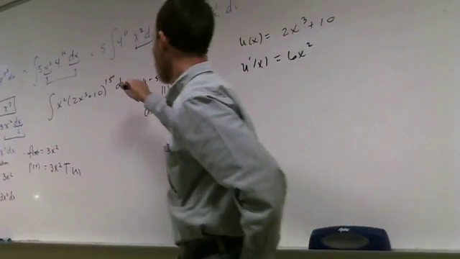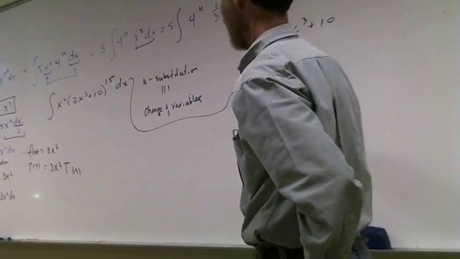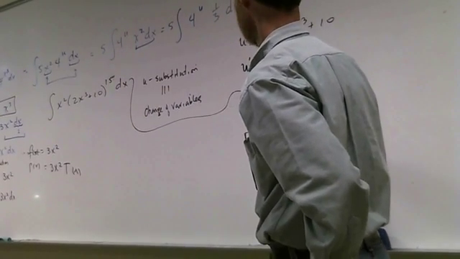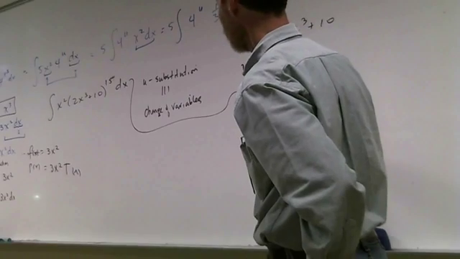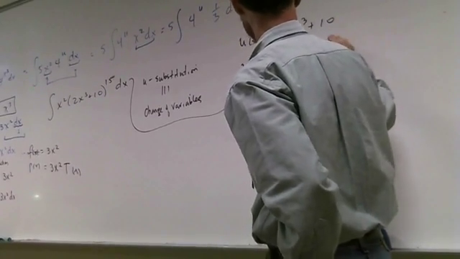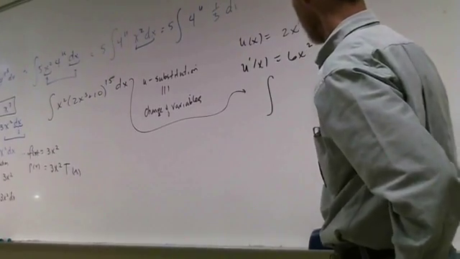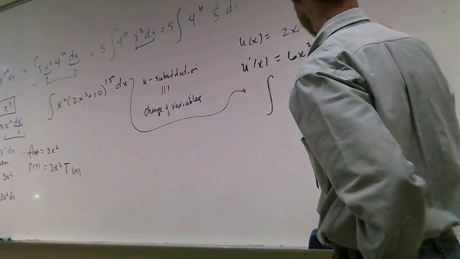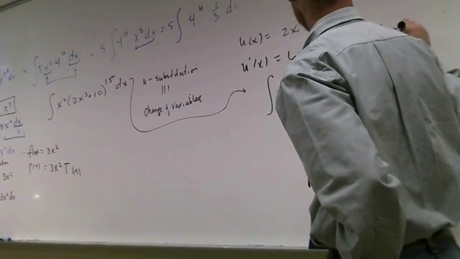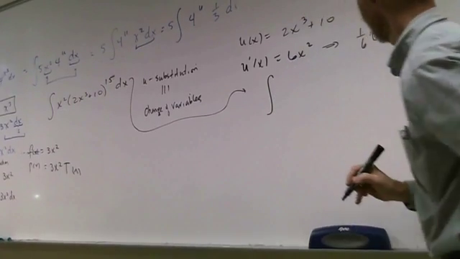There wouldn't be any magic, no dx's, no du's anywhere. And we could rewrite this integral as the integral of, let's see, using the hero notation, 1/6 u prime of x equals x squared, right?